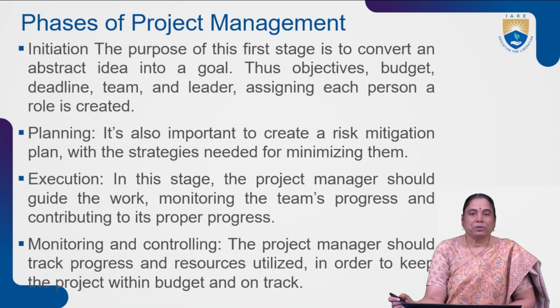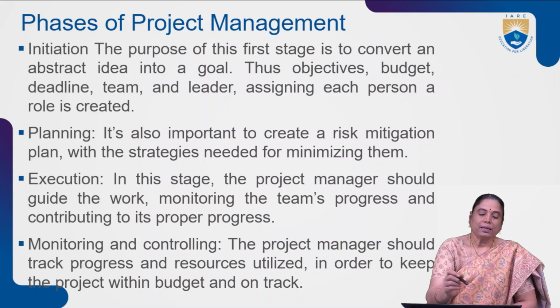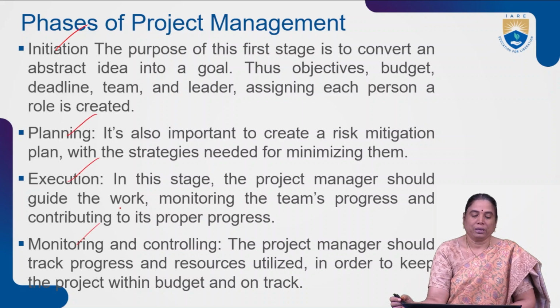To accomplish project management, various phases are involved. The phases are generally initiation, planning, execution, and monitoring and controlling. The project manager is the responsible role who follows these phases in order to track the progress and control the project activities.